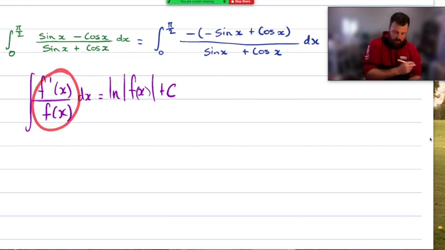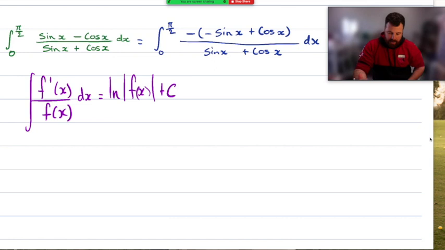And because it has variables in it, that's when we've got to start looking for this trick here. So if I think about the denominator, the derivative of sine is cosine. It's there in the numerator. The derivative of cosine, we said, was negative sine. So it's there in the numerator straight away as well.